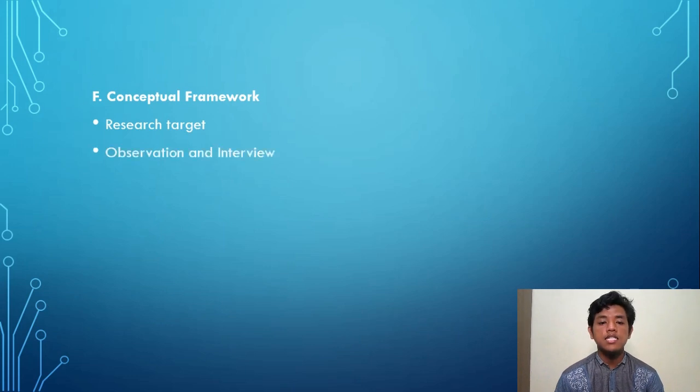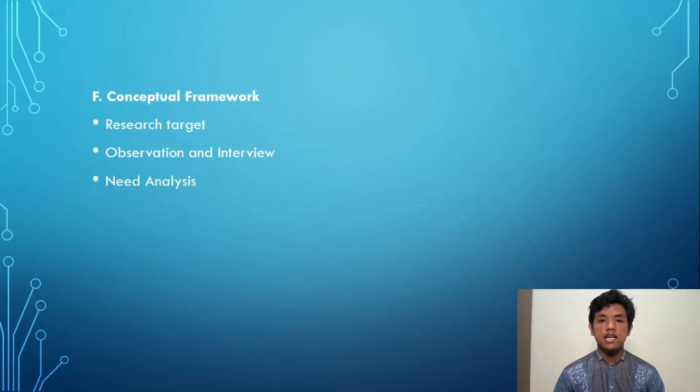The second is observation and interview. To get enough data of student problems in the listening subject, the researcher observed the class and interviewed some of the students and the listening lecturer to make sure about the difficulties faced by the students in the listening subject.